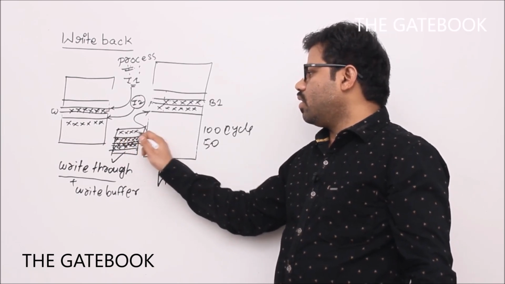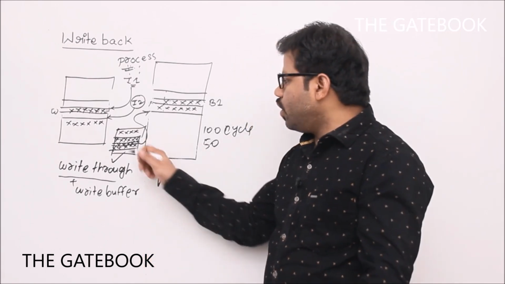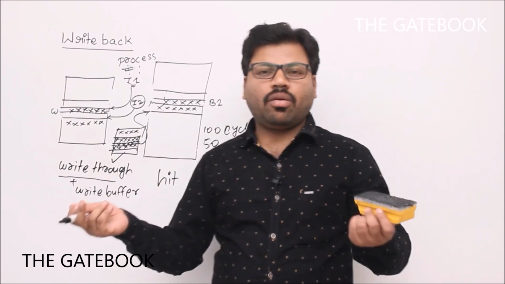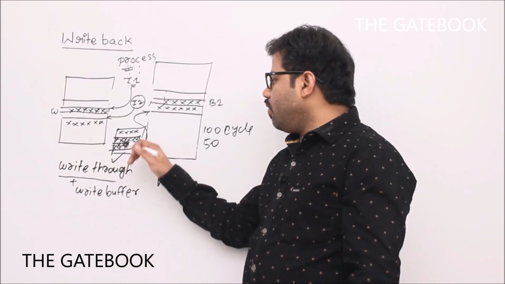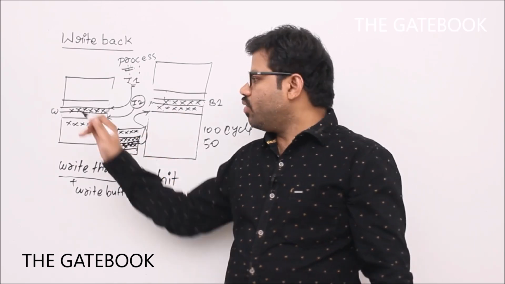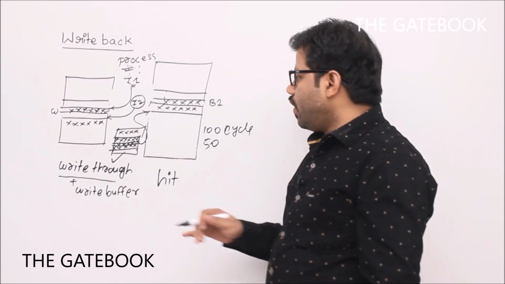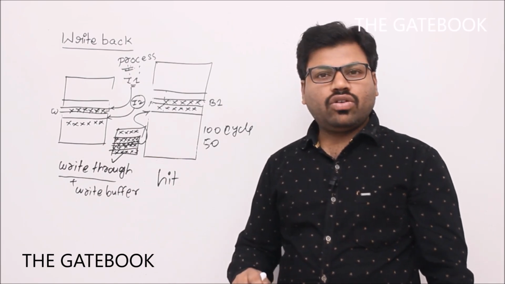Try to understand. If the buffer is also very fast, if it can transfer data from here to here in 1 nanosecond, there is no problem. But that won't happen. If we could write in main memory in one cycle, then why would we use a cache? That's why main memory is so slow. That's why this buffer sometimes becomes full. At that time, what to do?